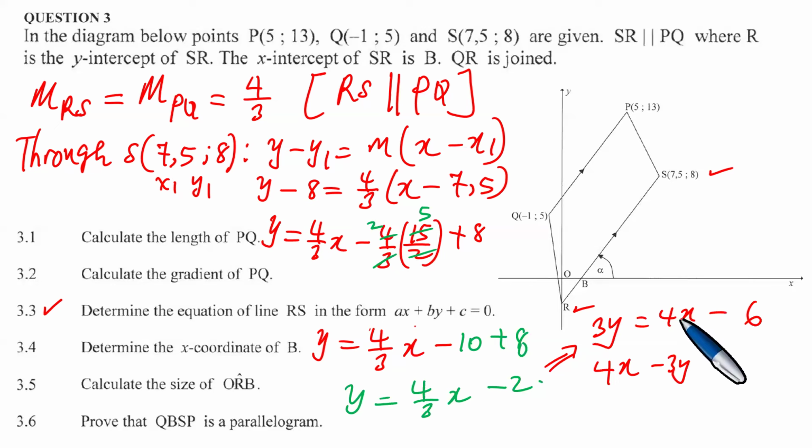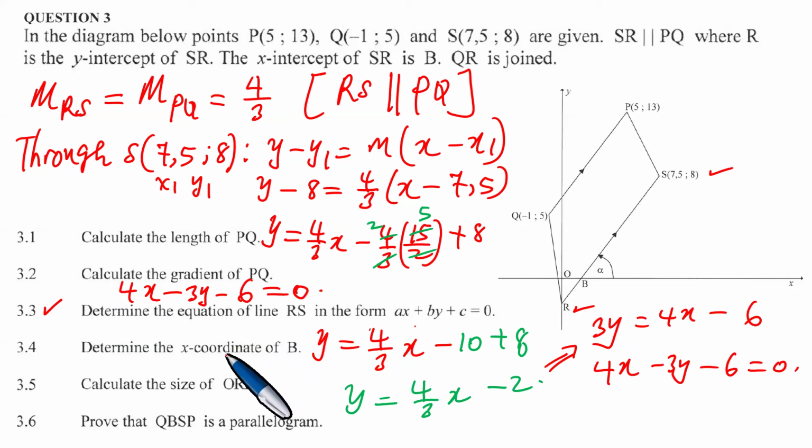We keep the 4x on the left-hand side, subtract 3y, and have minus 6, and the result is 0. And this is the equation of the line in the required form. So the answer to 3.3 is 4x minus 3y minus 6 equals 0.